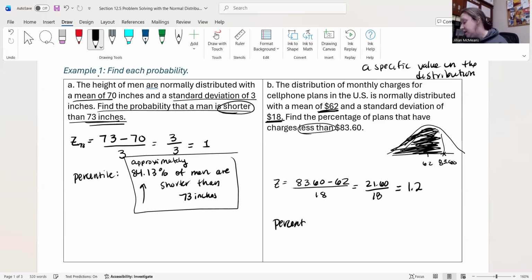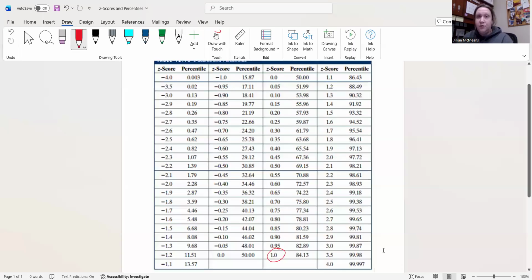So percentile. Now, we need to go back to that table, and we're looking for positive 1.2 for the z-score. All right, so positive 1.2 for the z-score, that is right here. And a z-score of positive 1.2 has a corresponding percentile of 88.49.